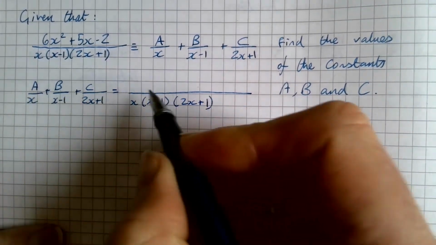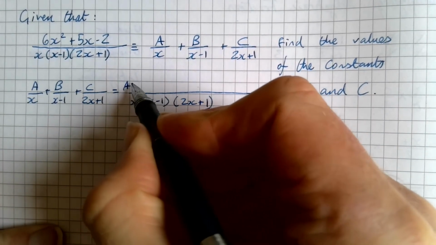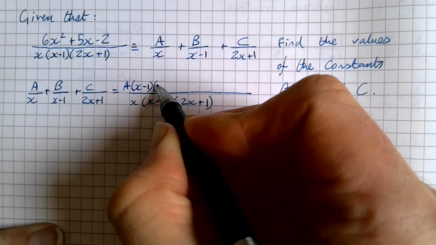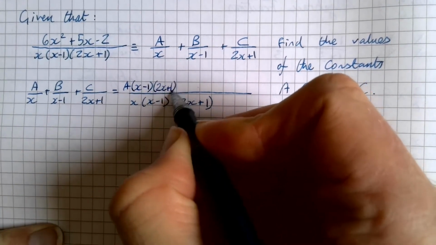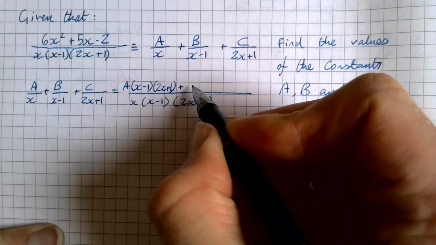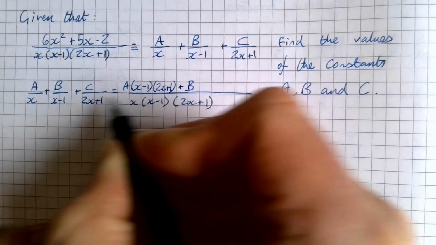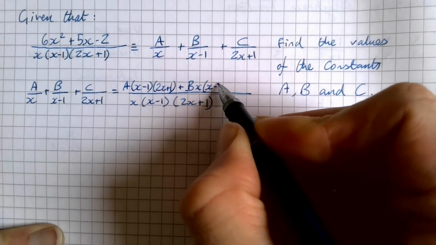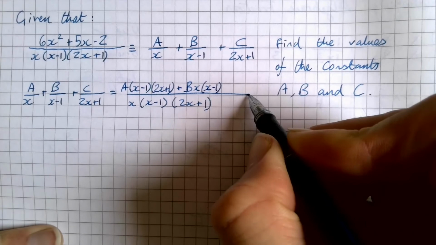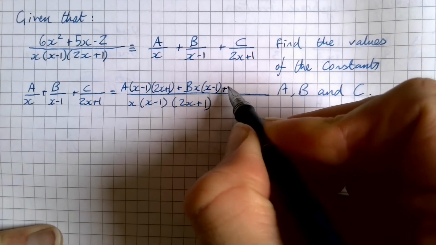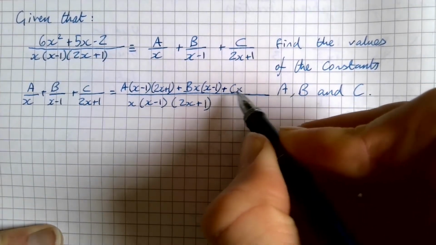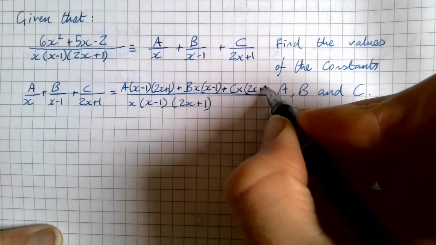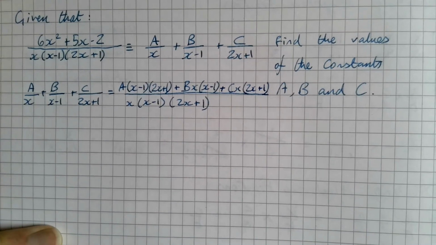and the a is going to have to be multiplied by x minus 1, 2x plus 1, and the b is going to be multiplied first of all by the x, and then the x minus 1, and then the c is also going to be multiplied by the x, and then the 2x plus 1.